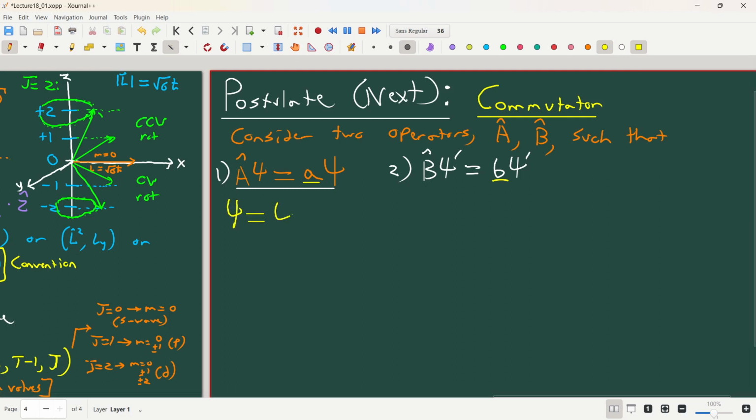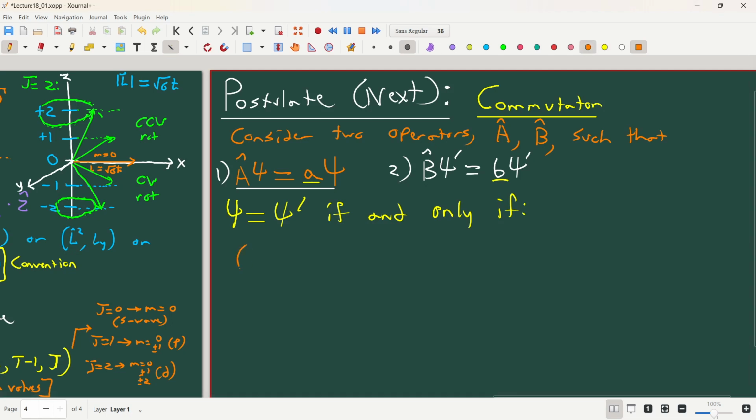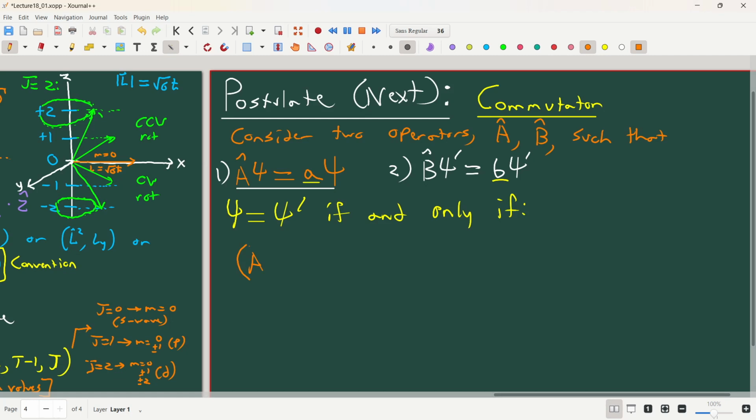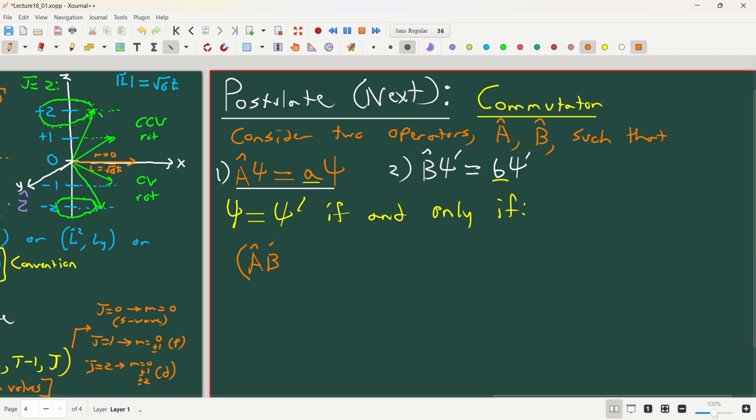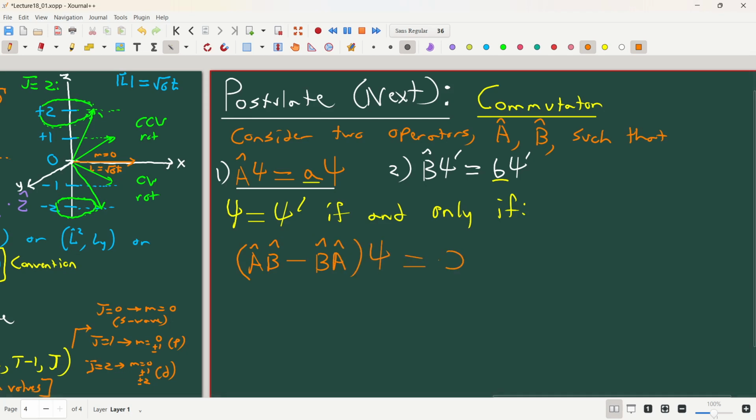Psi is equal to psi prime if and only if I apply this product of operators, AB minus BA. We'll talk about this product in a second. And I apply this to psi, I get 0.